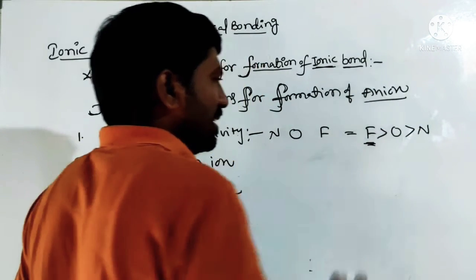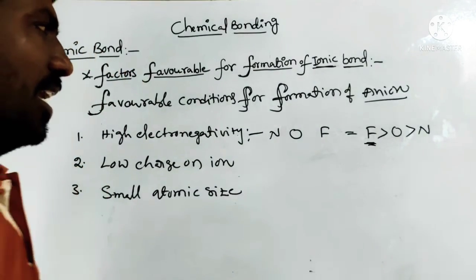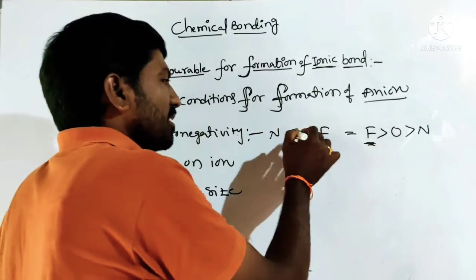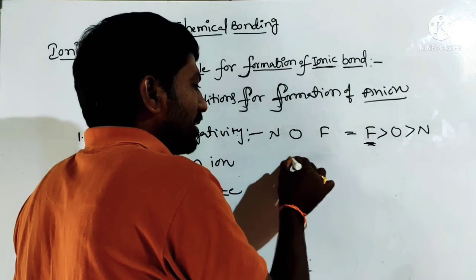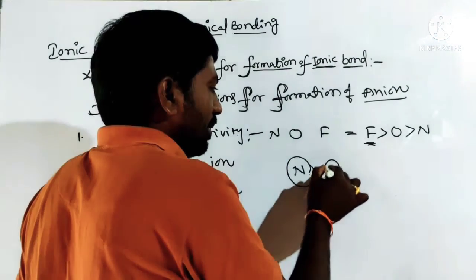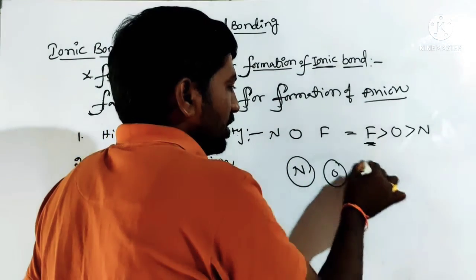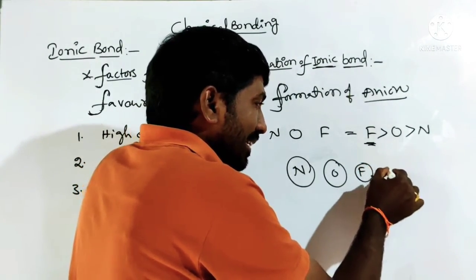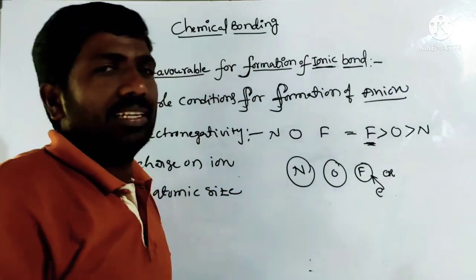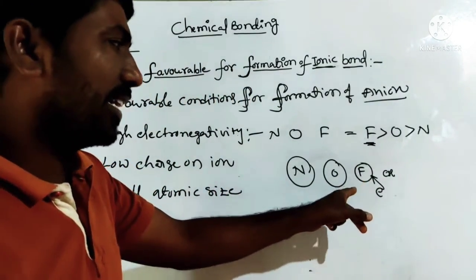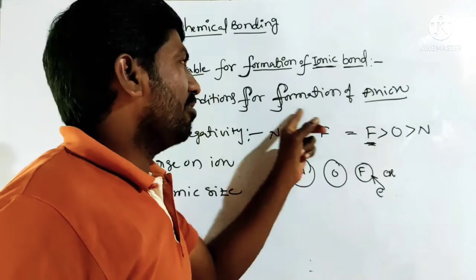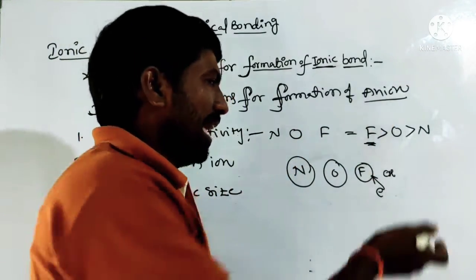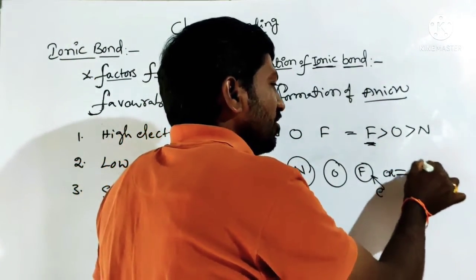So this is the most electronegative element, because if we compare the size of these three, the size of F is small. So when we have to add an electron, it easily accepts that electron. That is the favorable condition for anion formation. Accepting that electron means it will easily change into F minus.